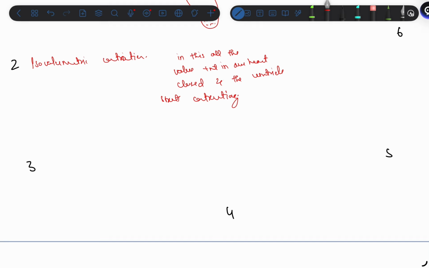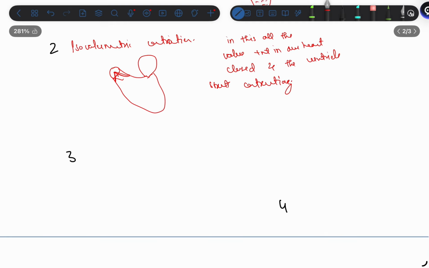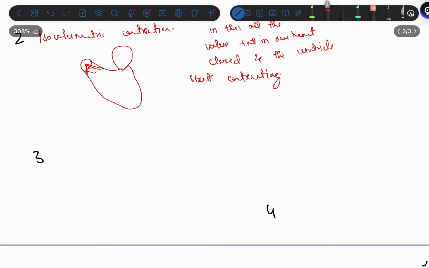Okay, this means the mitral valve and the aortic valve are closed, and similarly on the right side, the tricuspid valve and the pulmonary valve are closed.